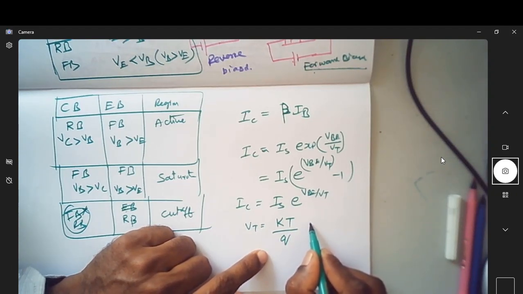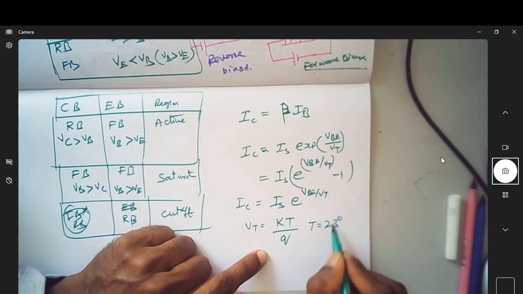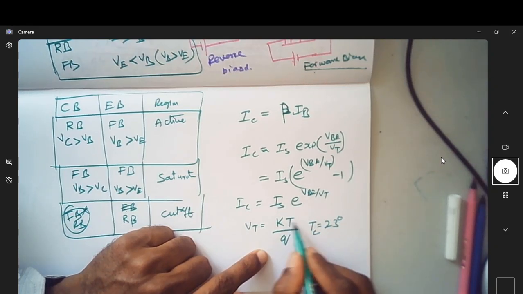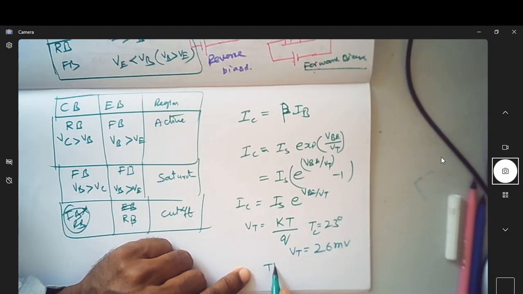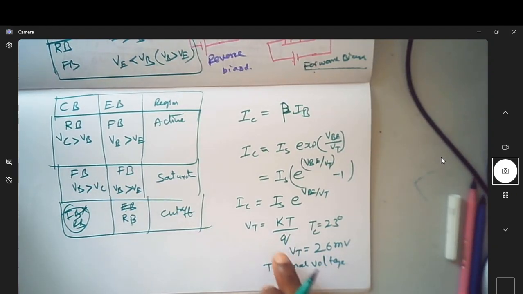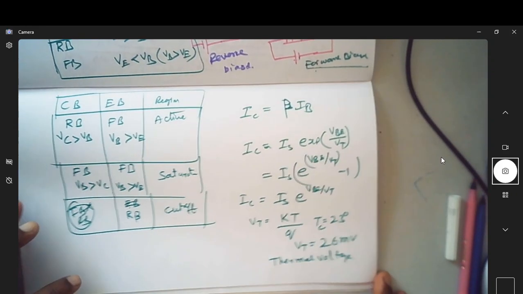For a temperature of 23 degrees centigrade, Vt comes out to be 26 millivolt. We call it thermal voltage. At room temperature, the thermal voltage is 26 millivolts.